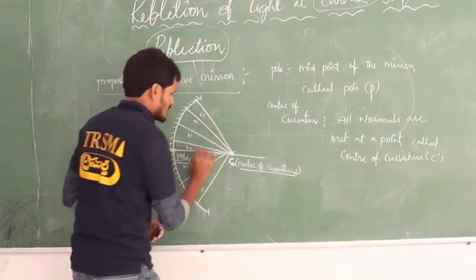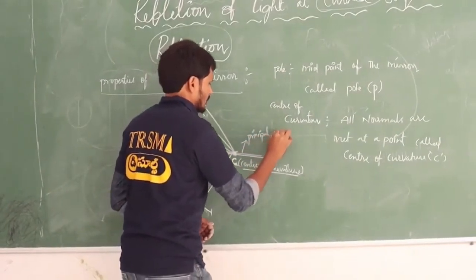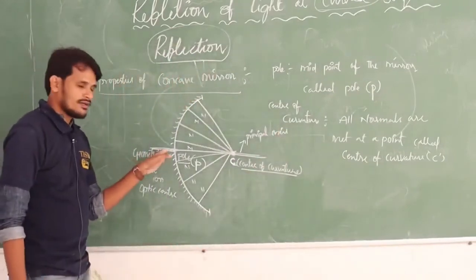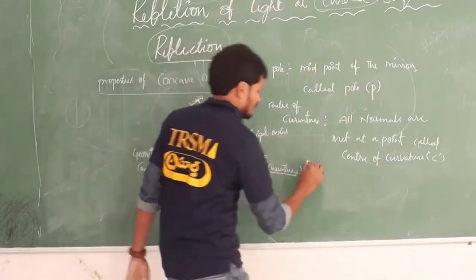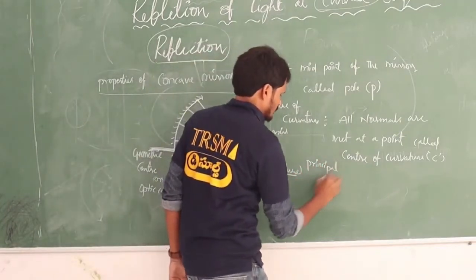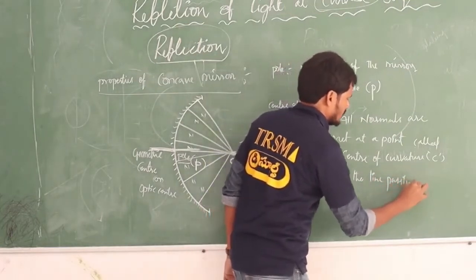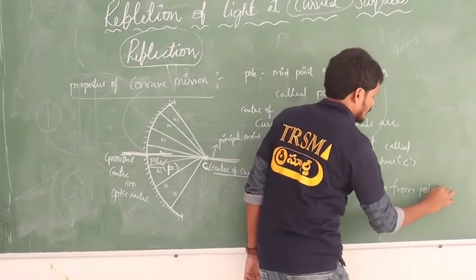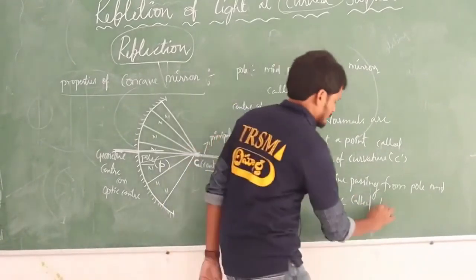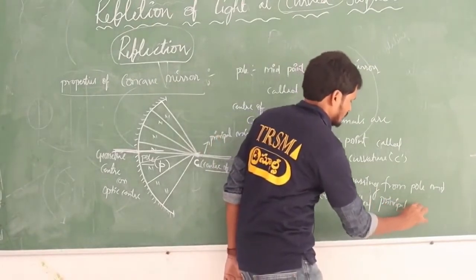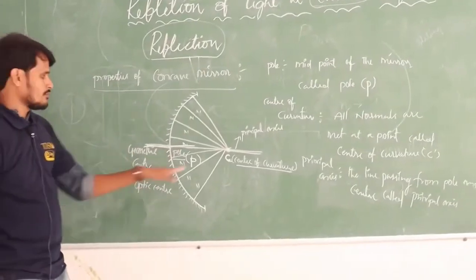The line passing through the pole and the center is called the principal axis. So this is our principal axis.